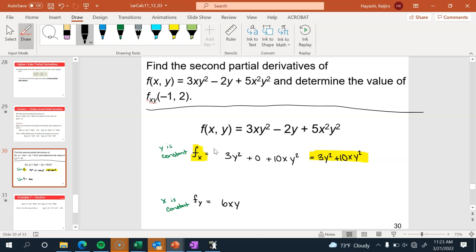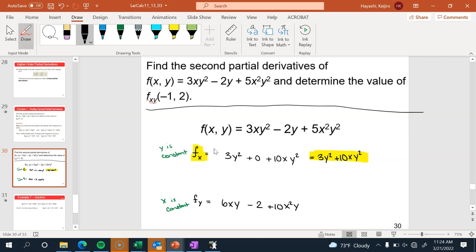The derivative of minus 2y with respect to y is minus 2. And again, we're taking the derivative with respect to y. x is a constant, so this x squared is just hanging out. We take the derivative of y squared, we take the 2 to the front, so that's 10 x squared, and y gets its power decreased by 1.